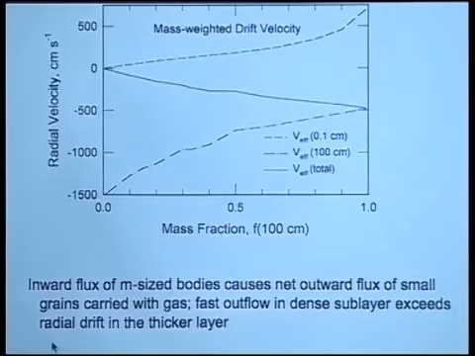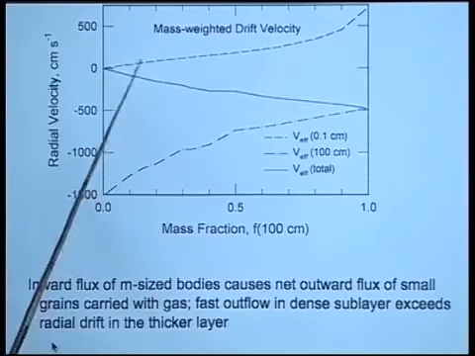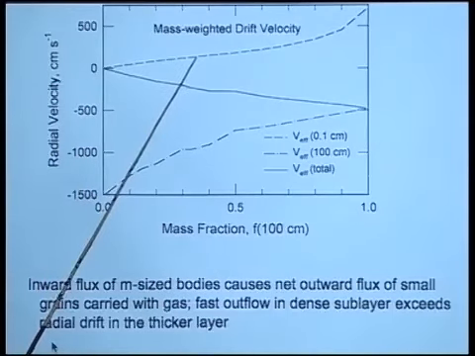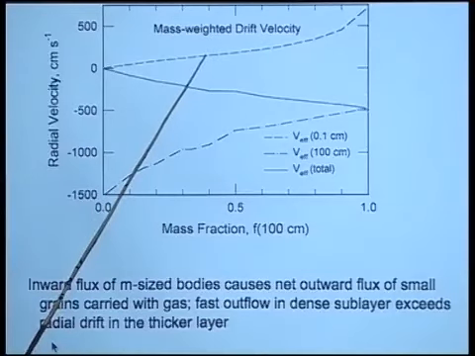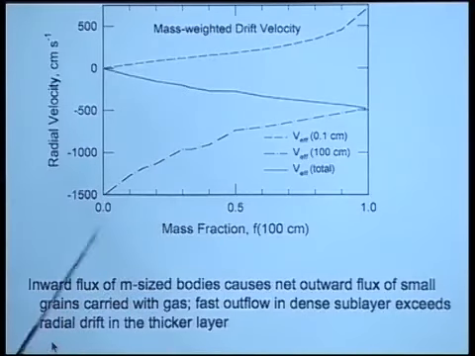But looking at the overall drift velocity, here again is a system with millimeter and meter-sized particles. And the drift velocity for the meter-sized particles is always negative, that is, they're going inward toward the sun. And yet, when we throw in some meter-sized particles, the mass-weighted drift velocity, the net flow of the millimeter-sized particles, is outward.